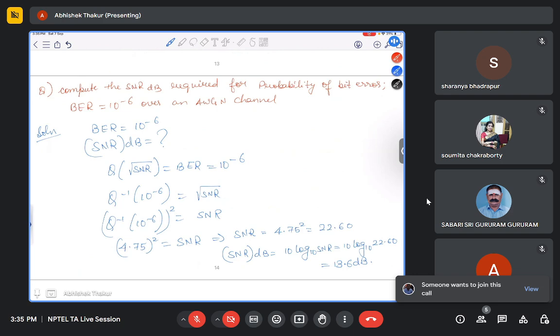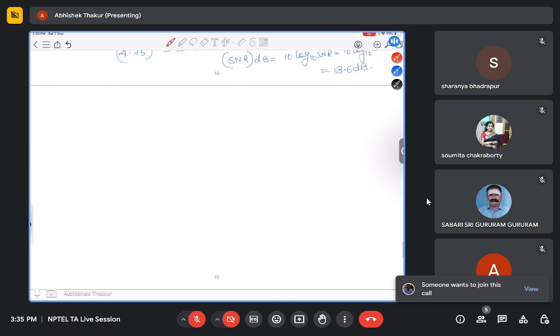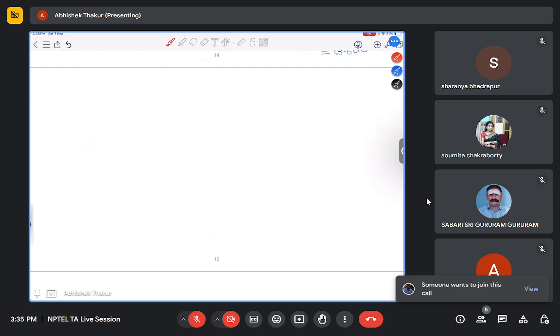So we have solved this question. Now the next concept we will see is the bit error rate for quadrature phase shift keying in additive white Gaussian noise. So the next topic is bit error rate and symbol error rate.